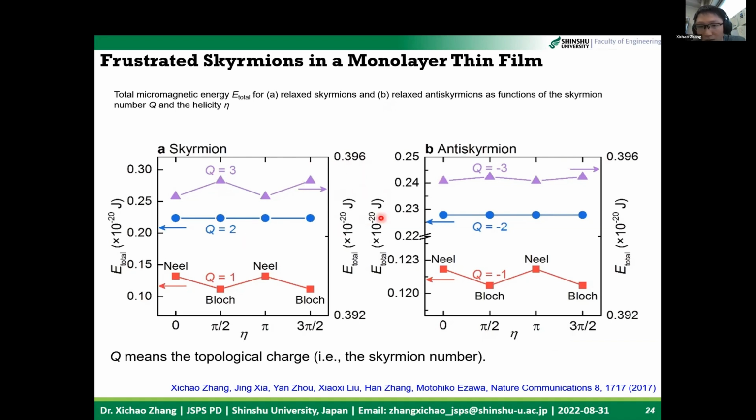However, in our study, we find that if we consider the dipole-dipole interaction energy in the simulation, the energy of skyrmions with the skyrmion number of 1 and 3 will depend on the helicity number. In particular, we focus on the skyrmion with the skyrmion number of 1, and you can see the Bloch type skyrmions are favored by the dipole-dipole interaction energy.